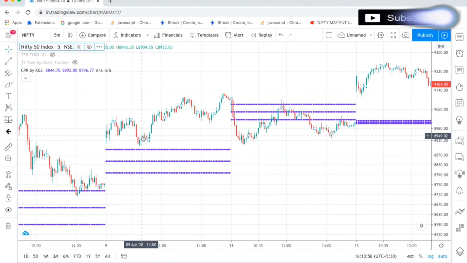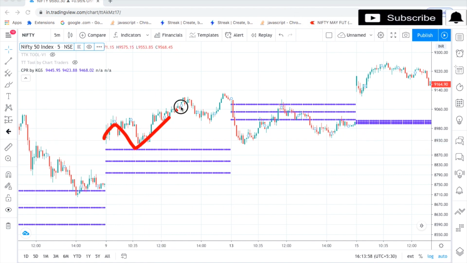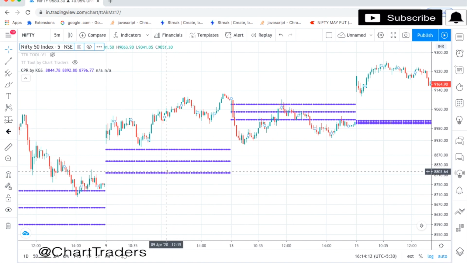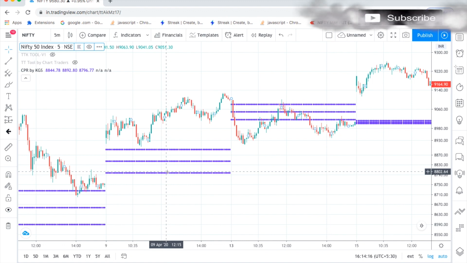Here the price is above the CPR line, so near this area you can buy, and if you buy slightly above this point, it gives a good movement. So Virgin CPR gives you a zone based on the previous day CPR value, where to buy, and the previous day CPR works as a support.